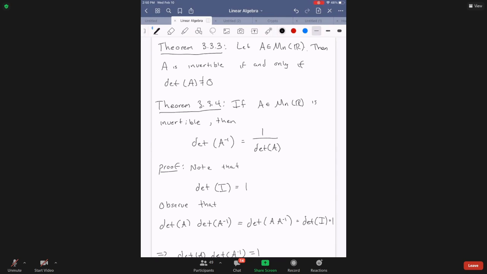I'm pretty sure. If it's 0, that means it's not invertible. If it's non-zero, then it is invertible. So this is actually the correct statement. Good catch, because that would break everything else we're about to do. But from here you can see that the determinant of A inverse is equal to 1 over the determinant of A. Perfect.